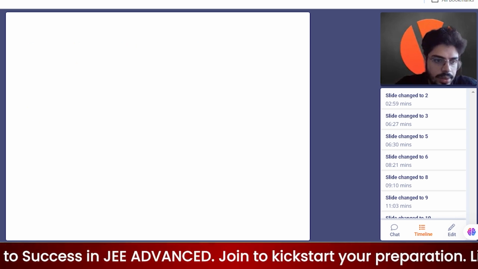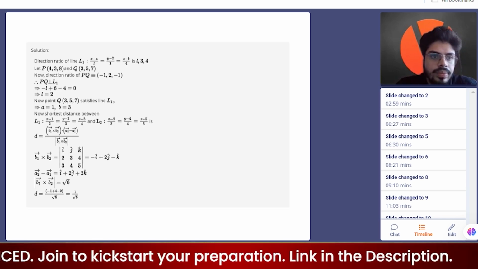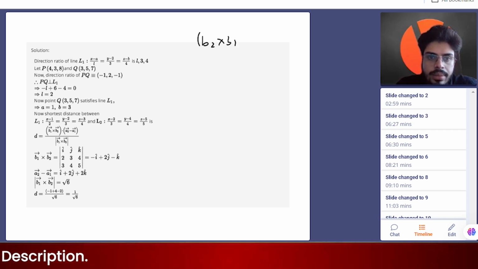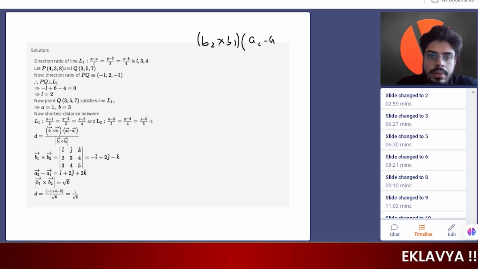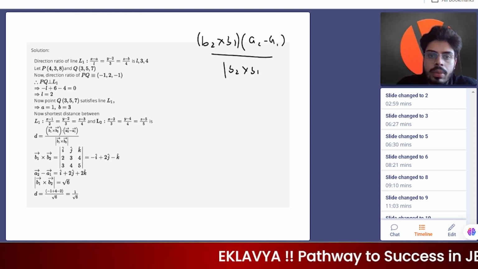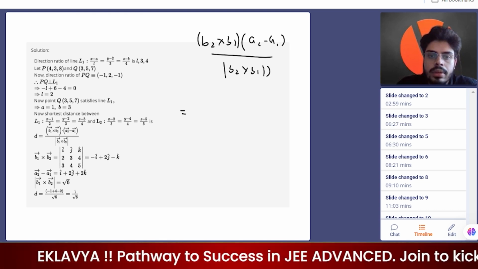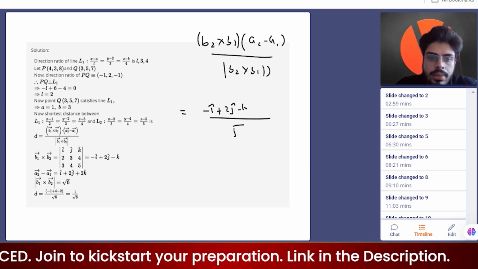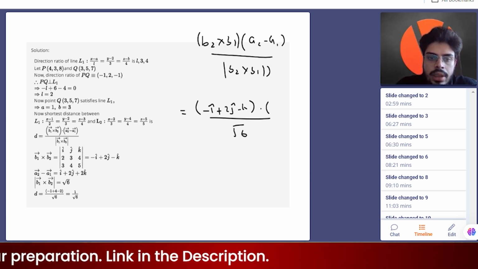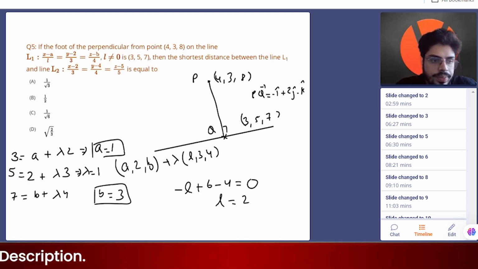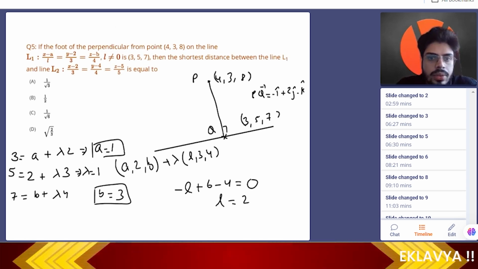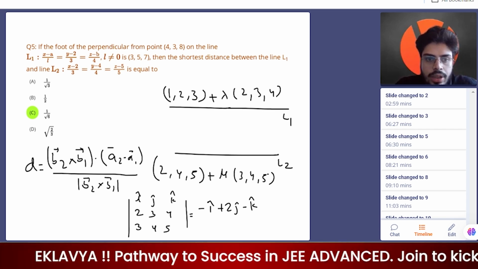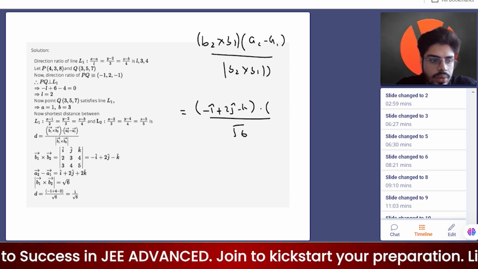Let me write here next. So the magnitude we got. We had B2 cross B1 into A2 minus A1 upon magnitude. So this B2 cross B1 we got is minus i cap plus 2 j cap minus k cap upon root 6, dot with the difference of these two, (1, 2, 3) and (2, 4, 5), so that you have to subtract.